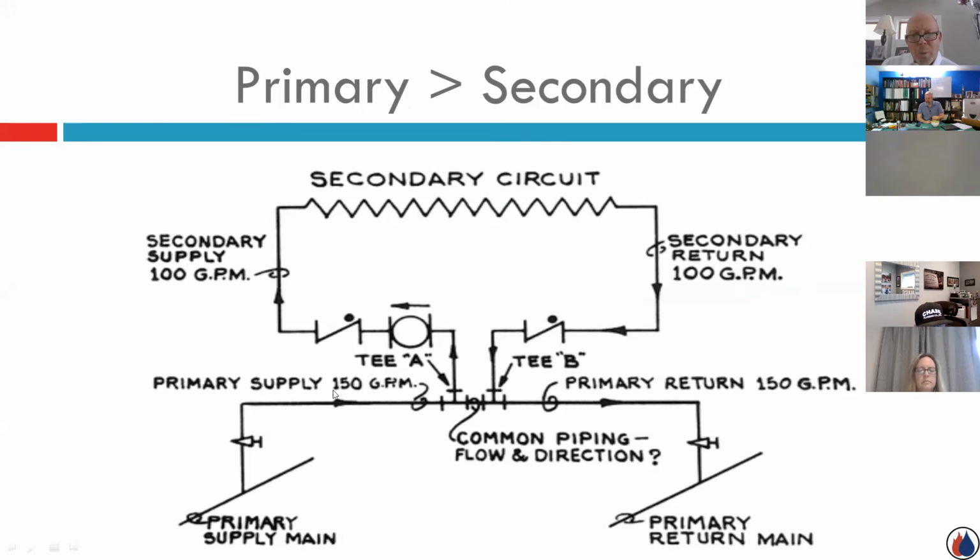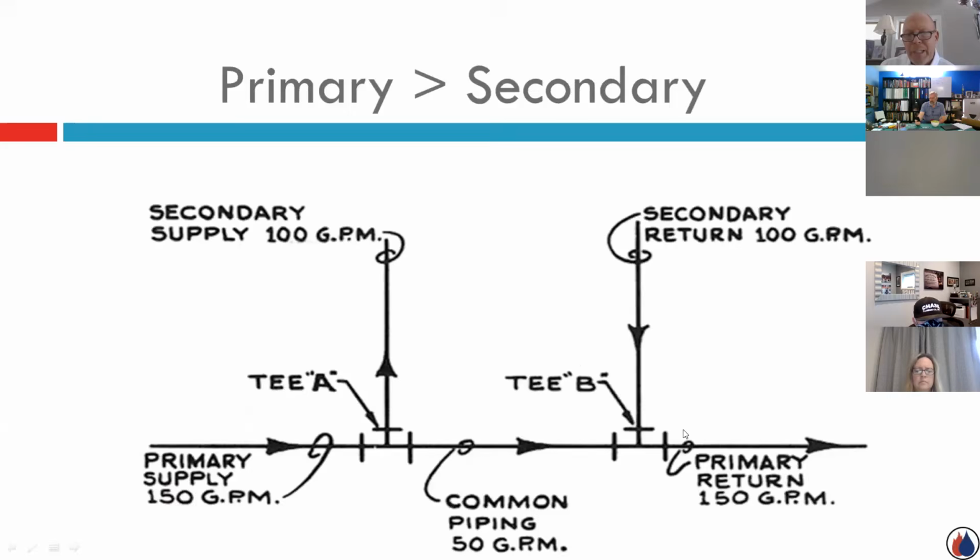Well, when the primary pump is running 150 gallons a minute across these T's, all of a sudden this pump comes on, 100 gallons a minute goes across this T, enters into the suction of the pump, travels through the secondary circuit, comes back down. What didn't go up through the secondary circuit flows across the common pipe, 50 GPM, and it meets the 100 coming back, so the primary is back to 150 gallons a minute. And this all works because of this decoupling, this hydraulic isolation of that common pipe. So I can have different flows within that common.